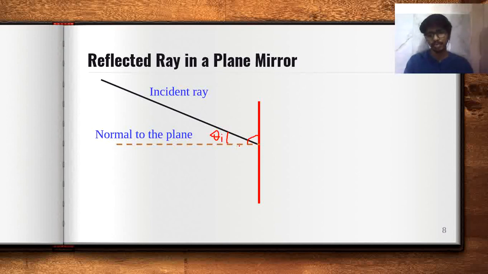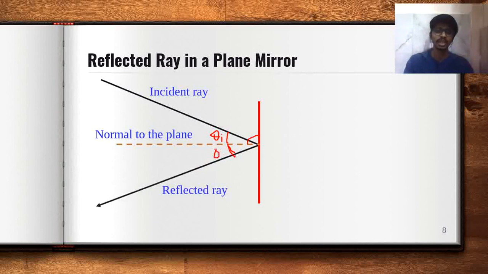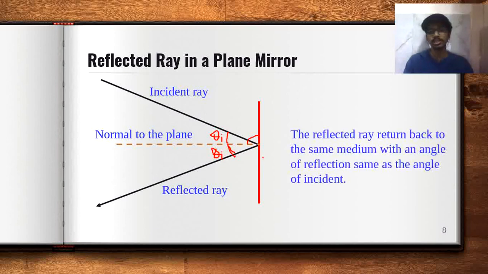Now there will be a reflected ray, and according to the law of reflection, the reflected ray will make the same angle with the normal as the incident ray. That means there will be another angle theta I. So the statement is: the reflected ray returns back to the same medium with an angle of reflection the same as the angle of incidence.